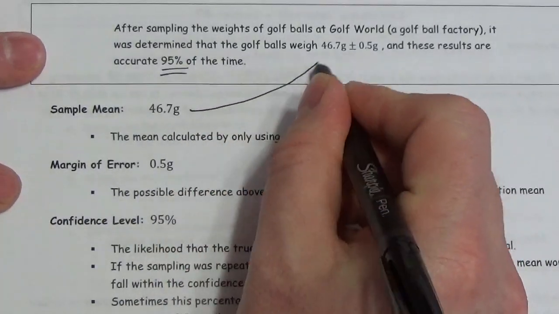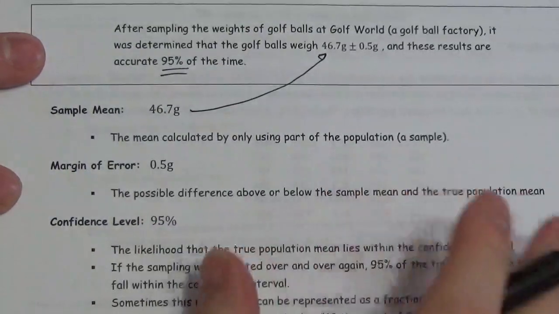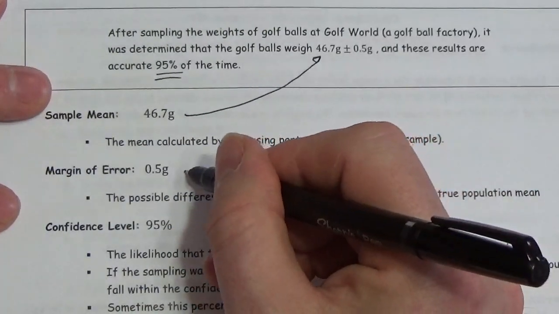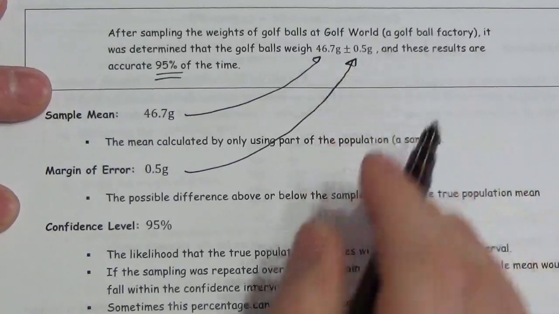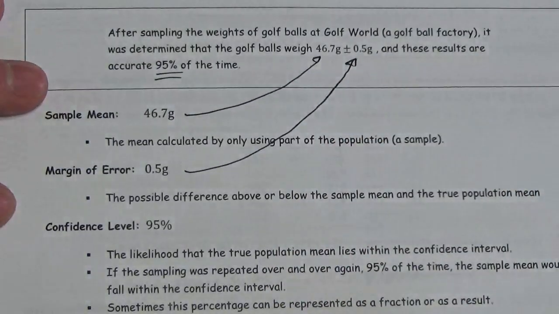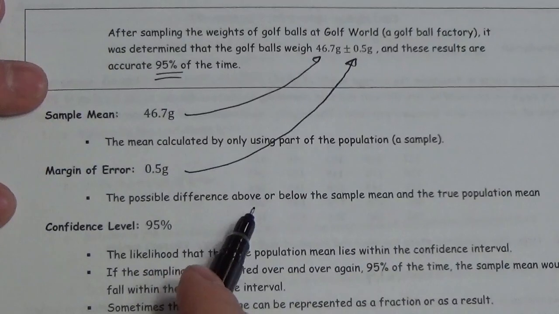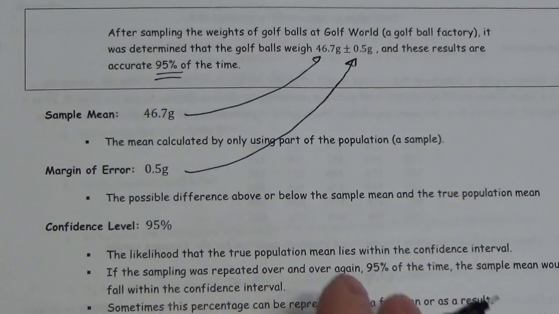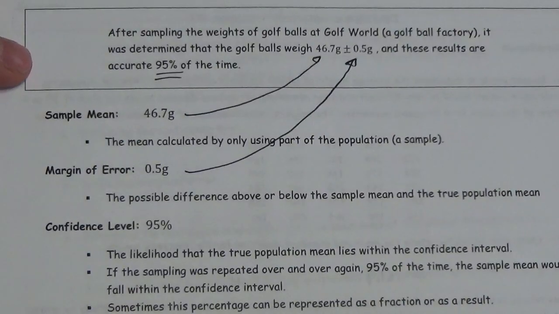Okay, let's connect that. So this is the mean that was calculated. And then the margin of error is this 0.5 grams here. It's this plus or minus part right here. So that's the possible difference between above or below the sample mean and the population mean.